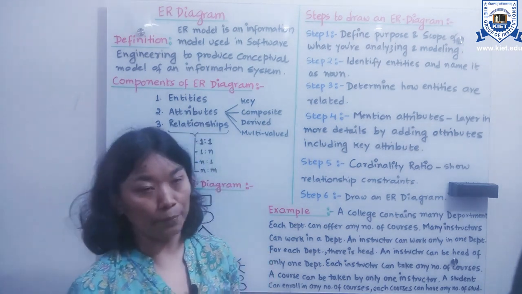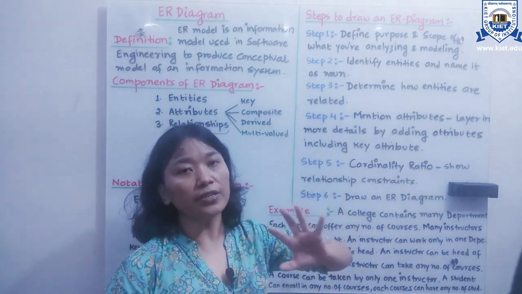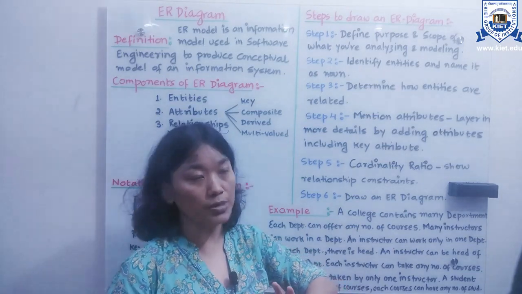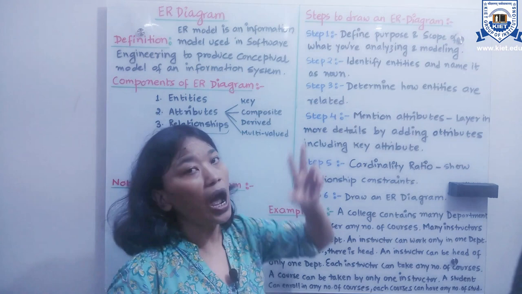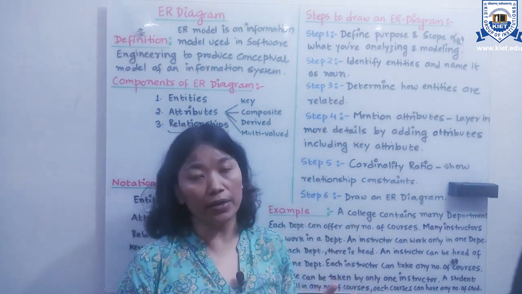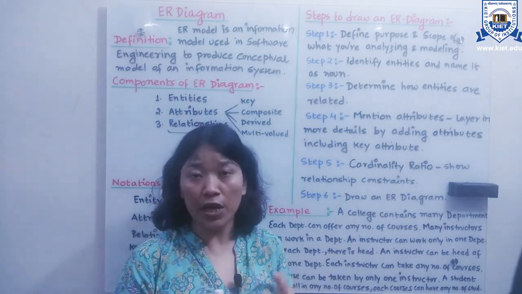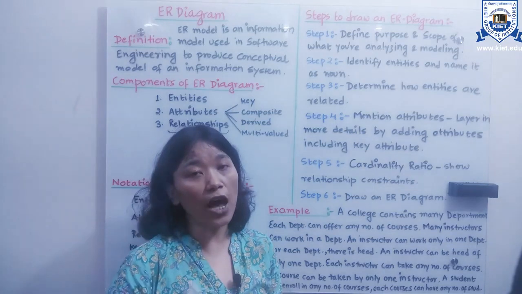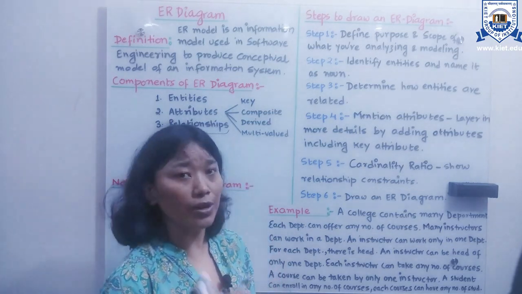The second step is to identify the entities, and those entities can be named in noun terms. The third step is to determine how entities are related. This means we need to identify the relationships among the entities, how entities are related to other entities.